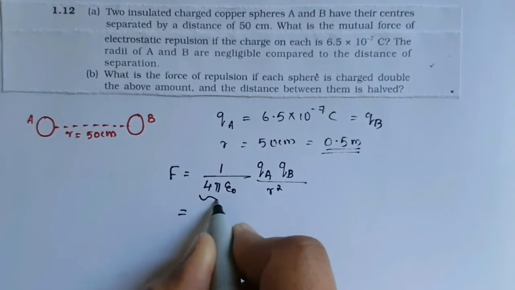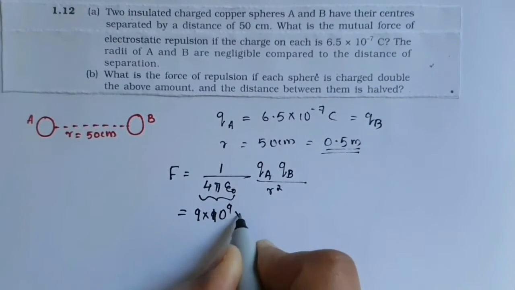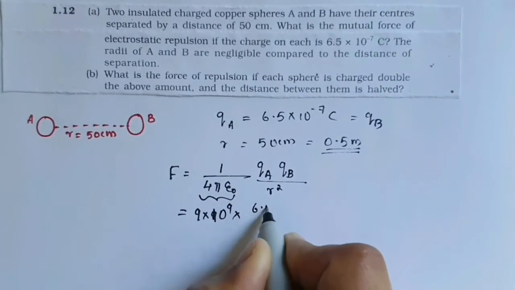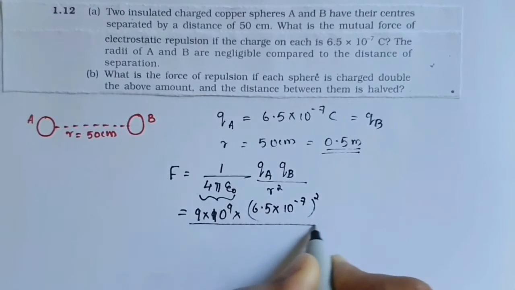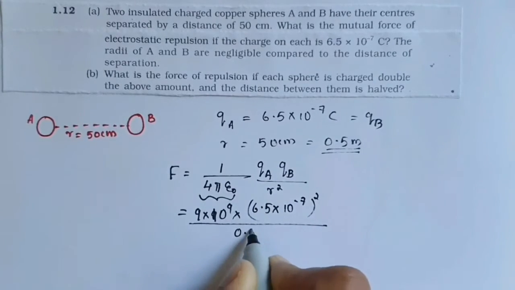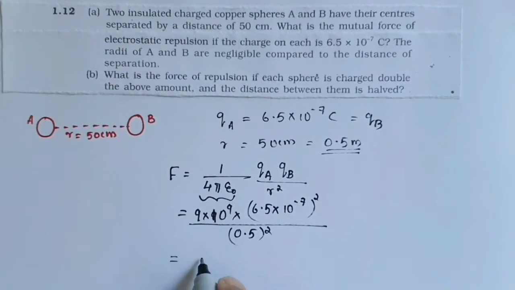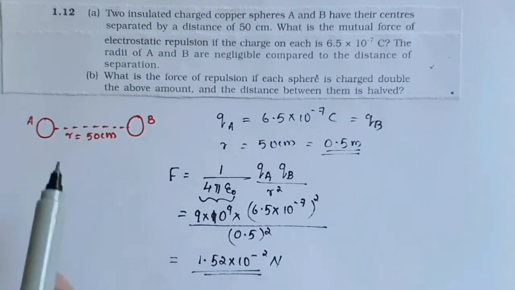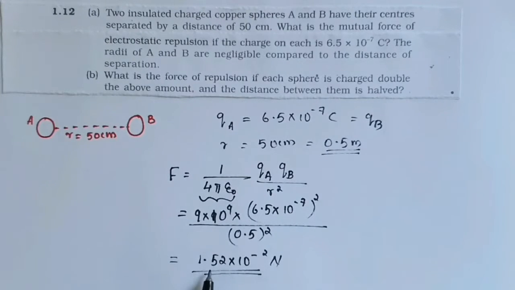This is equal to 1 by 4 pi epsilon 0, that is 9 into 10 raised to 9, into QA and QB, that is 6.5 into 10 raised to minus 7 whole square, all divided by r, that is 0.5 square. This is equal to 1.52 into 10 raised to minus 2 Newton. Therefore, the force of repulsion between these two spheres, F is equal to 1.52 into 10 raised to minus 2 Newton.